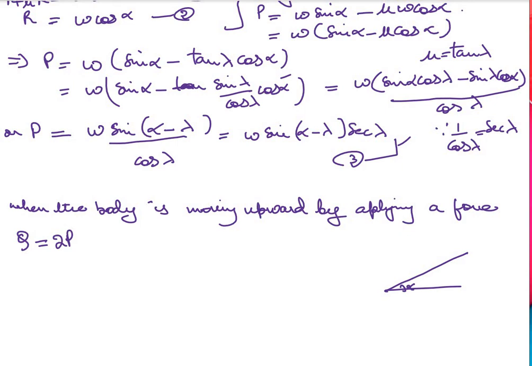This is alpha and the body is here. So by applying a force Q here is equal to twice P, the body is in the position of moving upward.